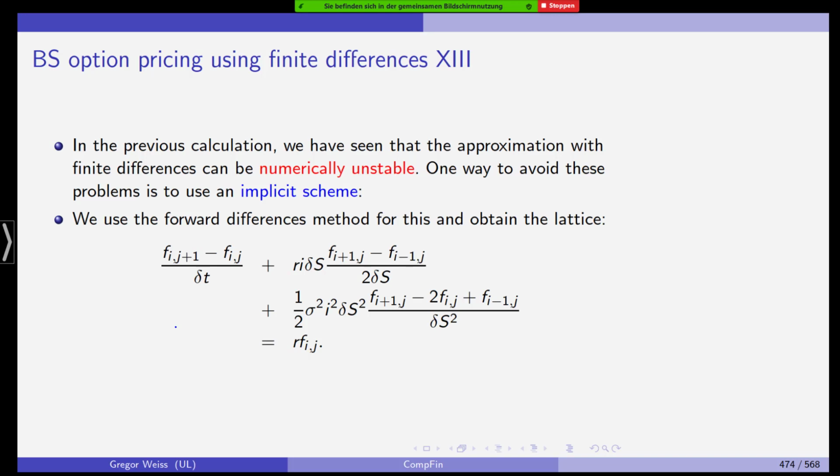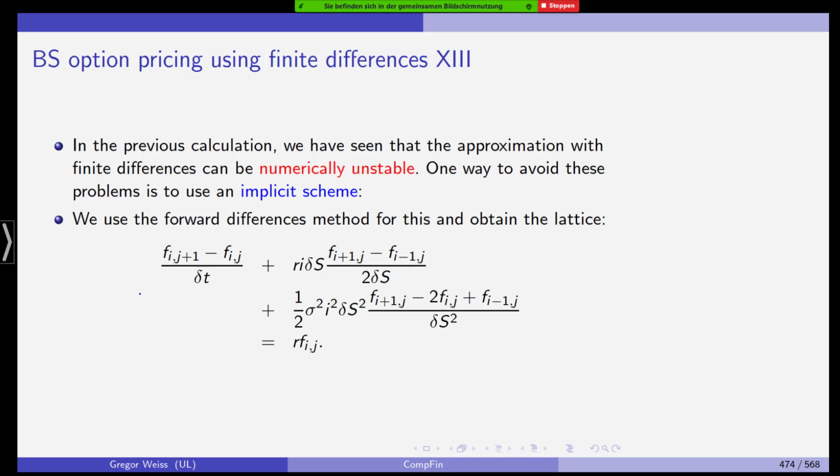Now, in this last calculation, we can see that the approximation with finite differences can be numerically unstable in some cases. And one way to avoid these problems is to use a so-called implicit scheme. So for this, we use forward differences, and we obtain this slightly different lattice.